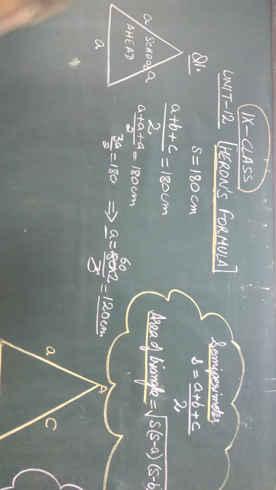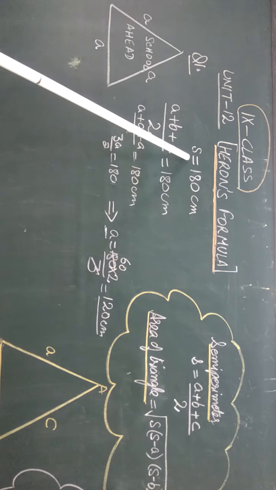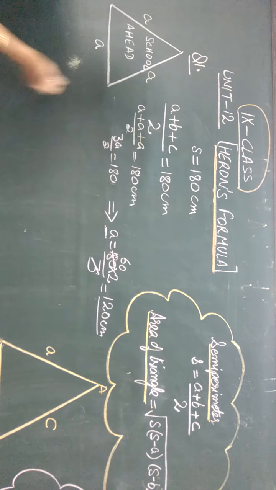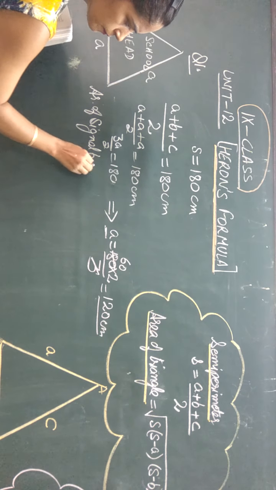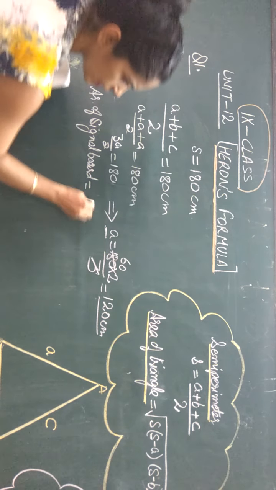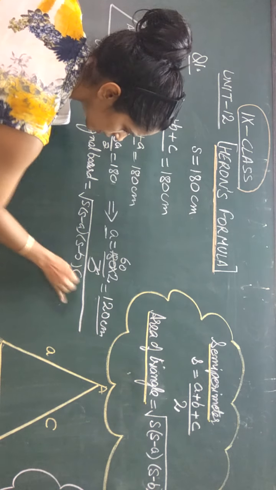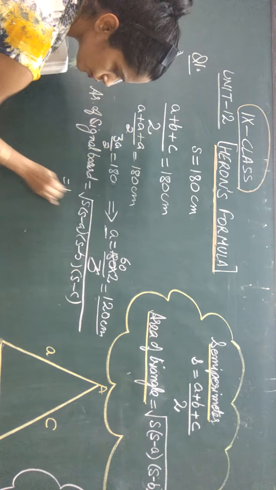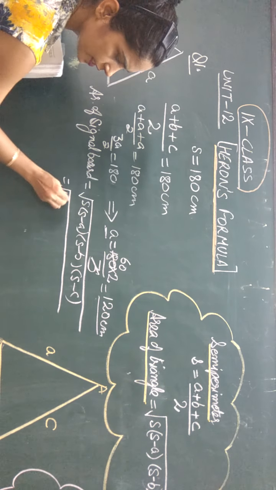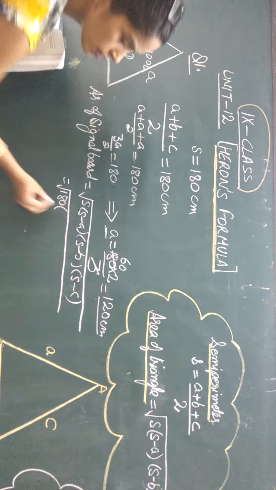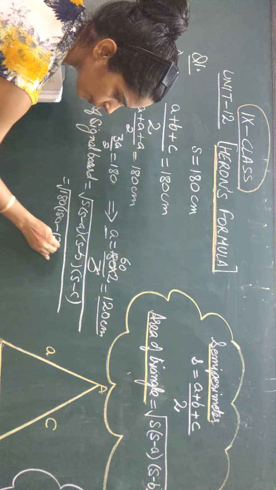Now let us put the value of a in this formula, to find the area of the signal board. Area is equal to the square root of s into s minus a into s minus b into s minus c. So square root of s, what is this? 180. Then bracket, 180 minus a, what is a? It is 120.